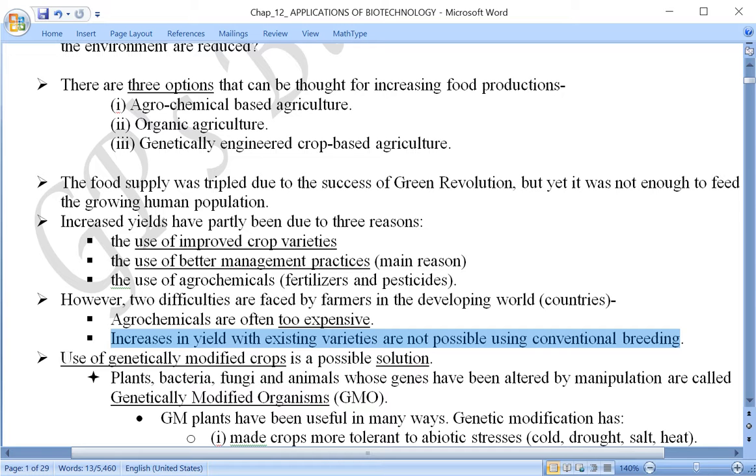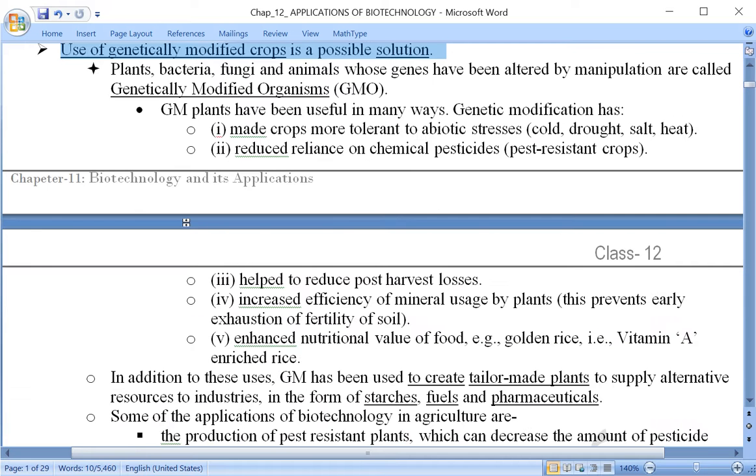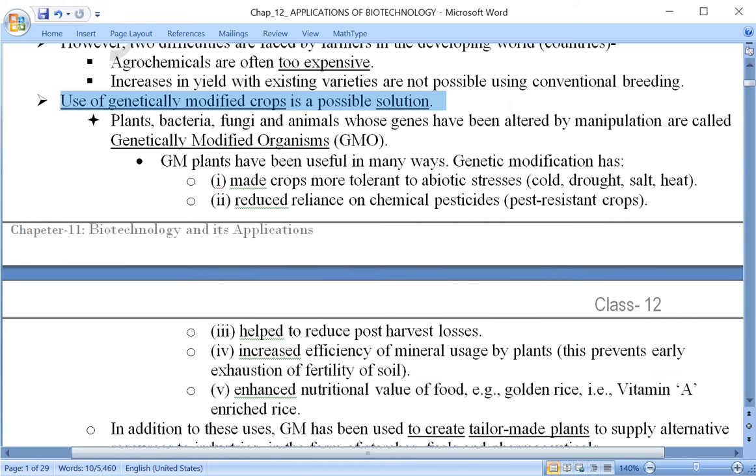Means by the use of genetically modified crops, it is possible to find a solution to the productivity of the crop plants. Use of genetically modified crop is a possible solution, and all organisms we have been discussing earlier, bacteria, fungi, plants and animals, their gene can be manipulated, that is their DNA can be altered somehow.